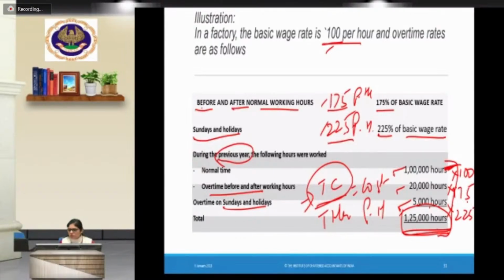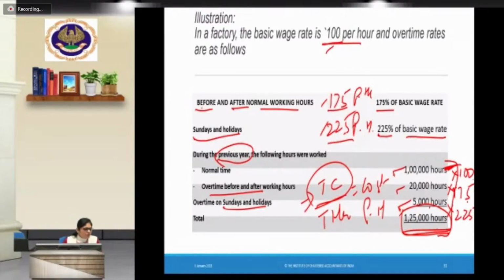So can I get the total cost? 1 lakh hours into 100 per hour, 20,000 hours into 175 per hour, 5,000 into 225 per hour. Can I get the total cost? Anybody who's calculating?